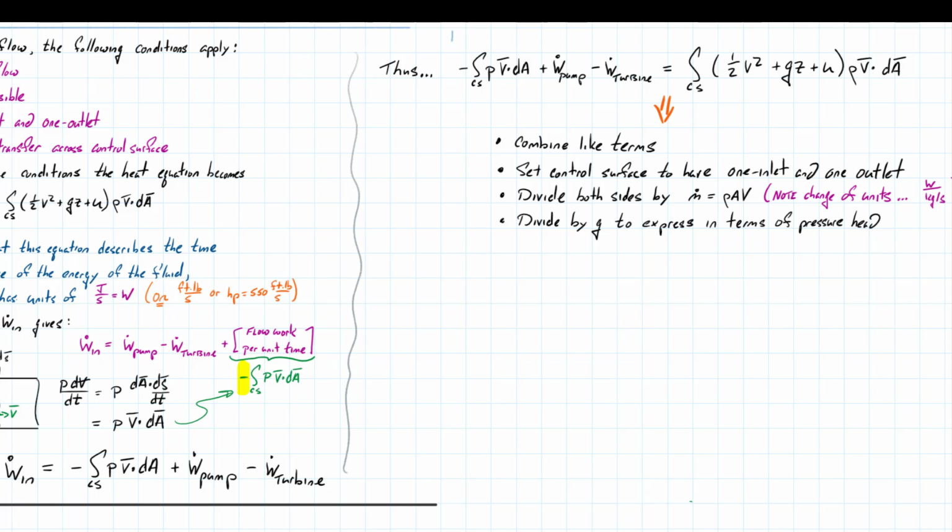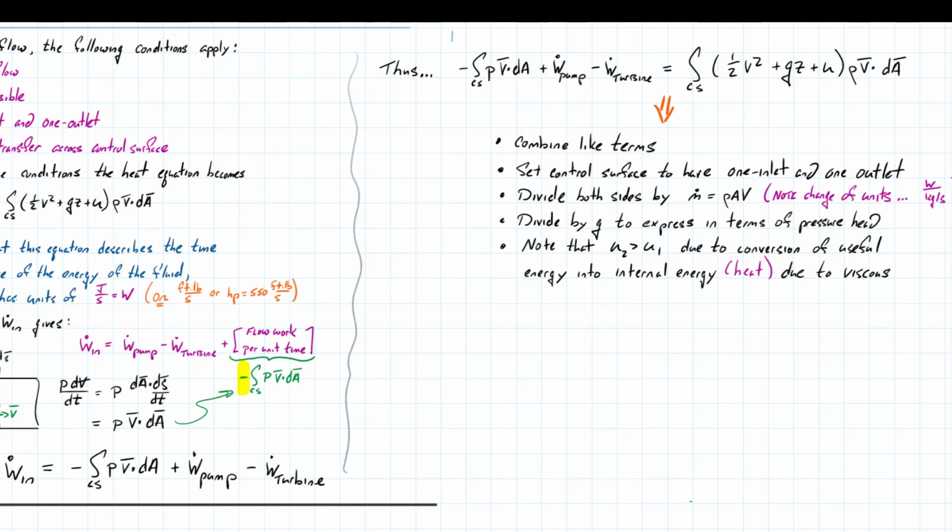And then the last thing we're going to note is that the internal energy at the outlet of a pipe, u2, is going to be greater than the internal energy at the inlet. And this is due to the conversion of useful energy into internal energy or heat due to viscous effects. And we'll term this as a loss term.